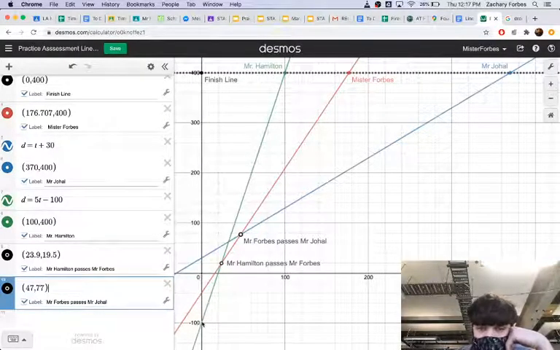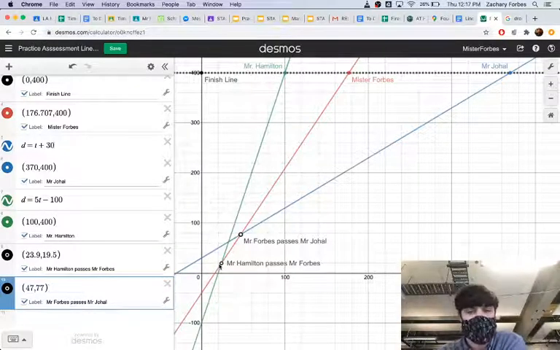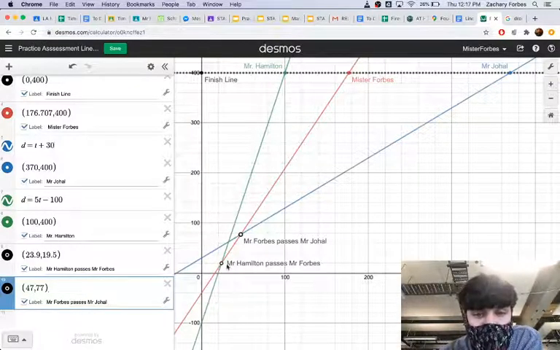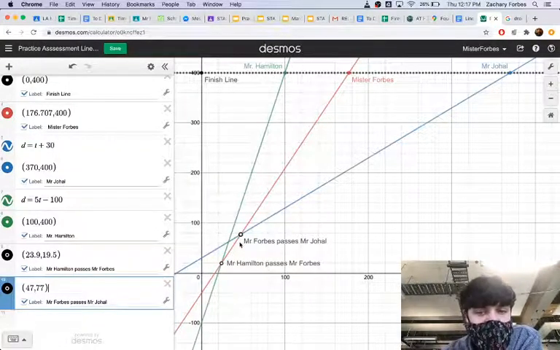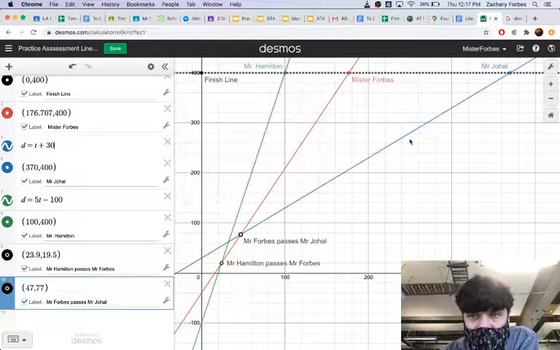Right at the start, the drone's going to be behind Mr. Hamilton by 2 meters. But then Mr. Hamilton actually passes me, so I start being in last place. So the drone's then going to need to follow my line in parallel. And then at the point where I pass Mr. Jahal, the drone then needs to follow Mr. Jahal 2 meters behind until the end of the race.